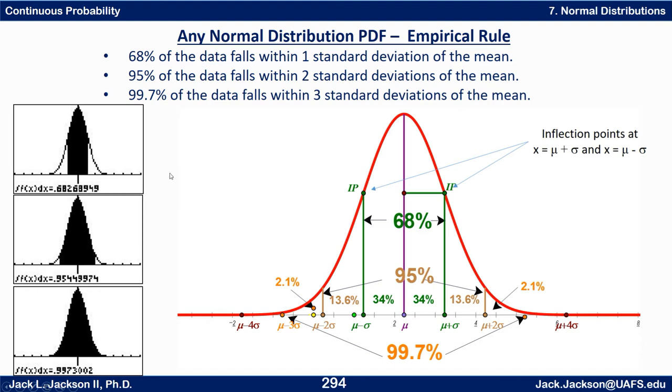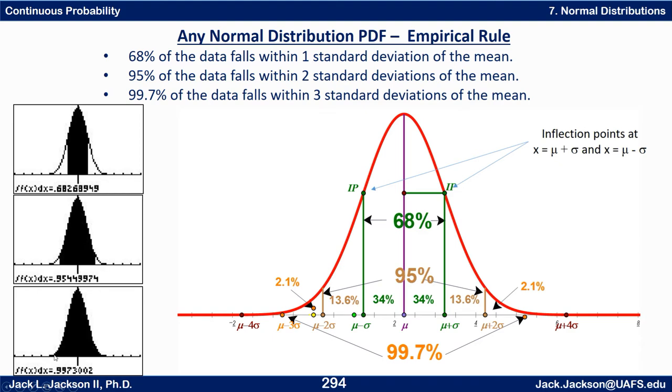If we go from the mean plus 1 sigma to the mean plus 2 sigma, that's 13.6% there, and it's likewise a mirror image over here. So when we go from mean minus 2 sigma to mean plus 2 sigma, that's a total of 95%. That's an area that looks like this one here in the middle of the 3 TI-84 screens.